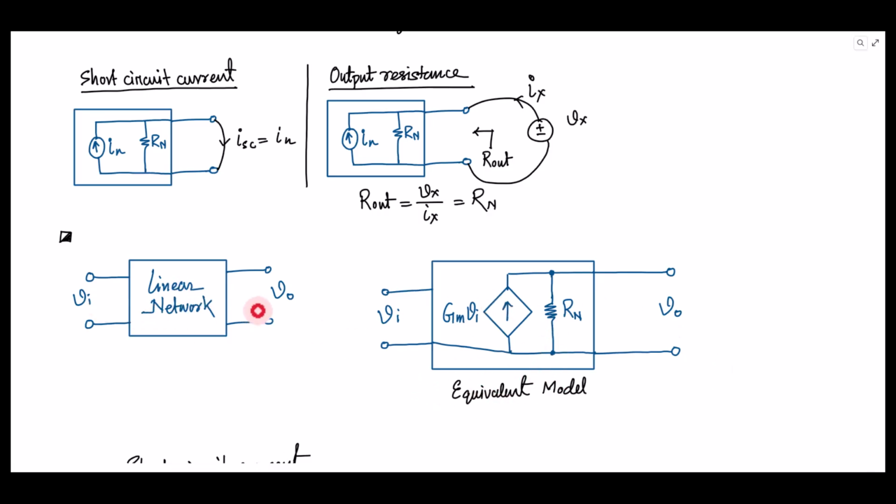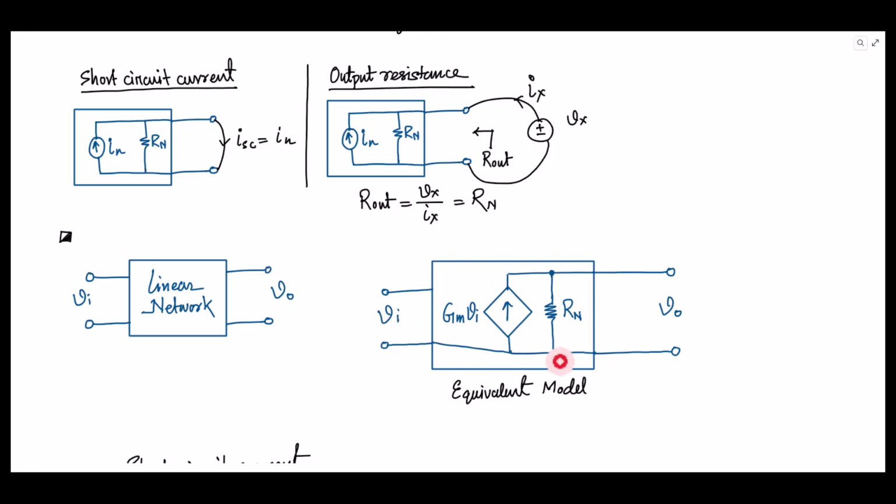We are ignoring the input impedance and input current, just to compare with the simple MOSFET, so this is equivalent to our MOSFET model. That's why we ignore these input side parameters like input resistance and input current, because the input resistance is infinity and the input current is 0. So this is equivalent to our MOSFET.